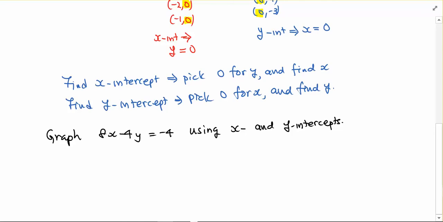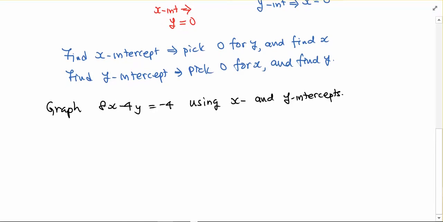It's not that they draw the wrong line, it's that they don't use the intercepts. So please read the question. If it says using the x and the y intercept, you must do so to get the problem right. There is no choice.